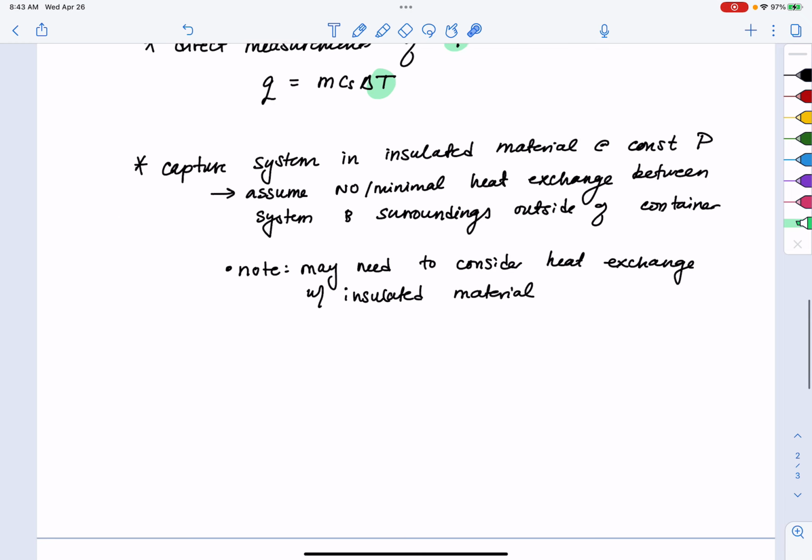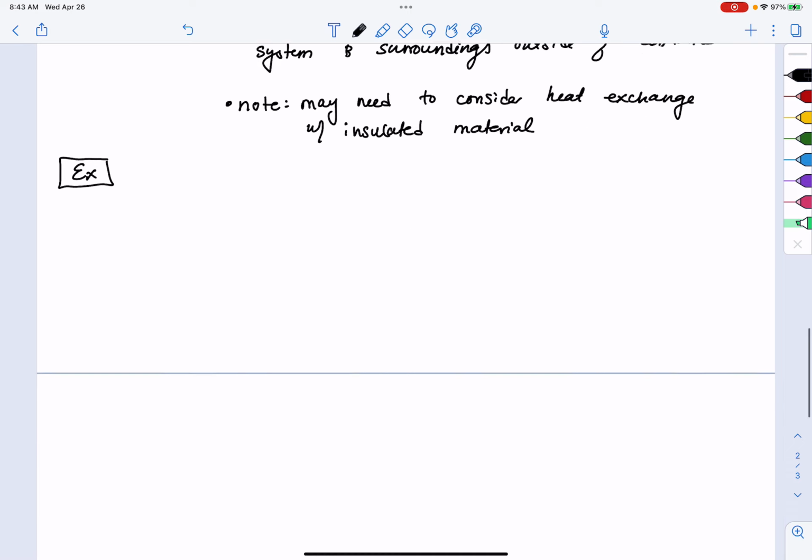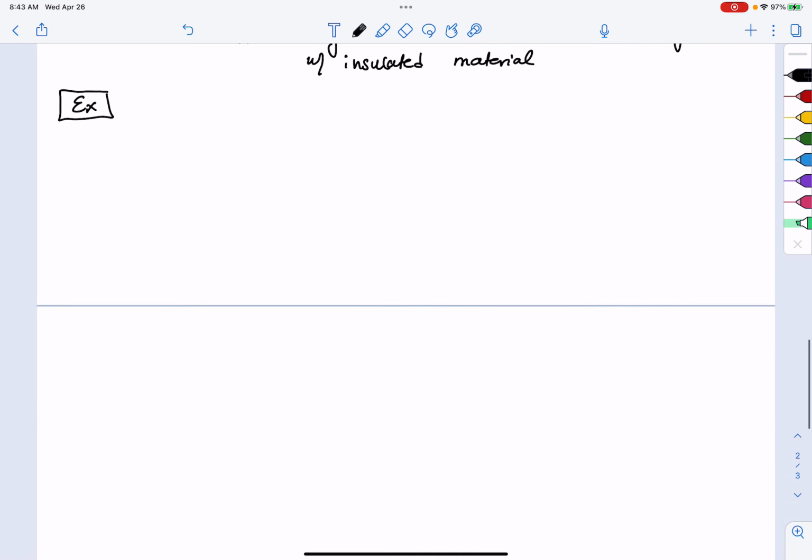But for now, I want us to look at an example of how to calculate the heat of a reaction from experimental calorimetric data, meaning experimentally determined changes in temperature.